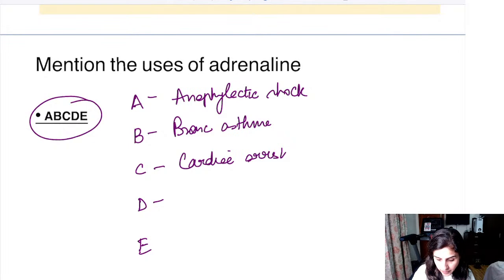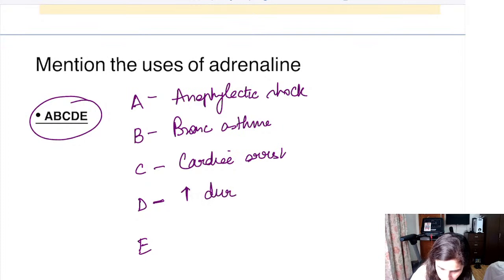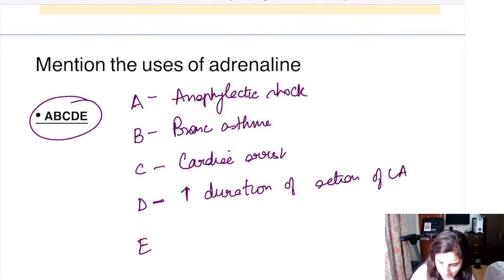D is for duration of action. So it increases the duration of action of local anesthetic. E is for epistaxis.